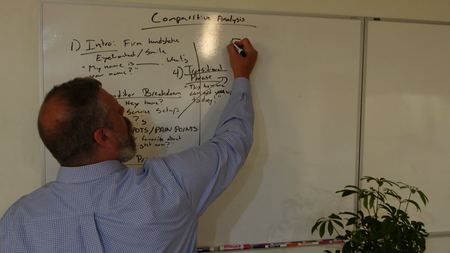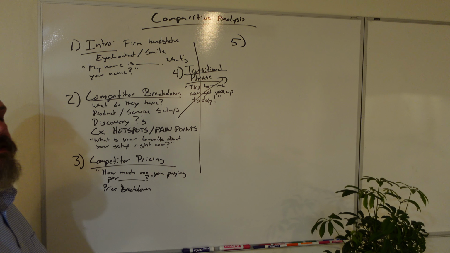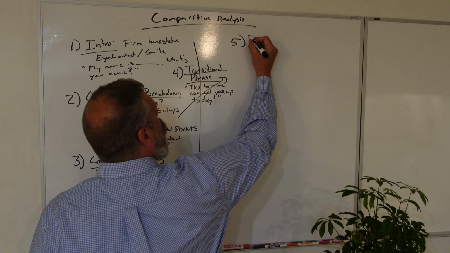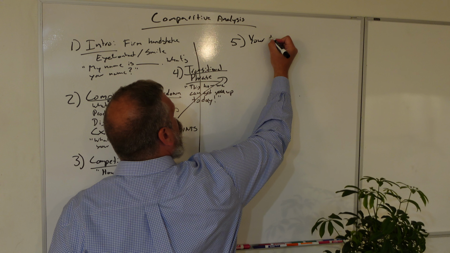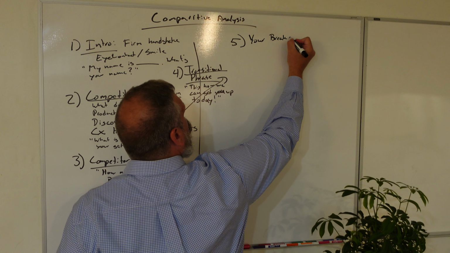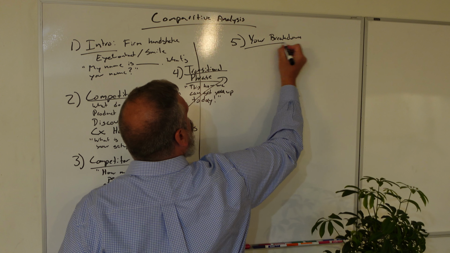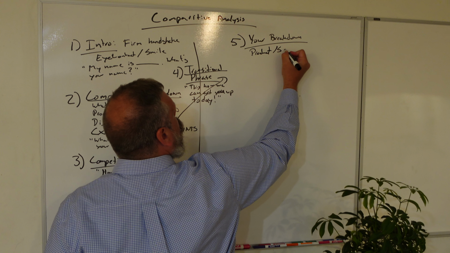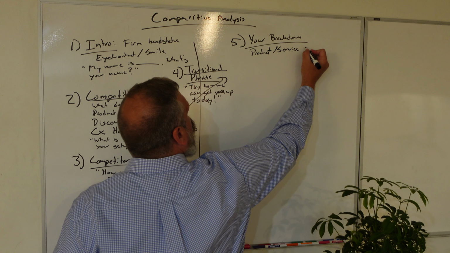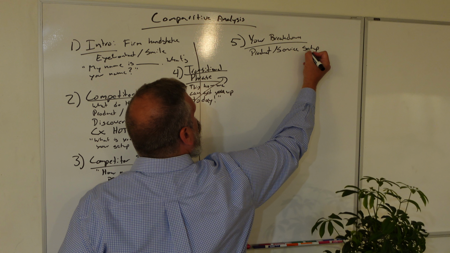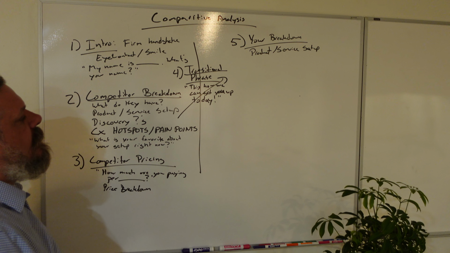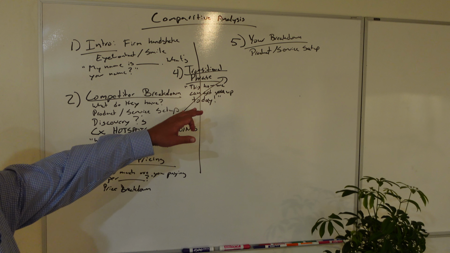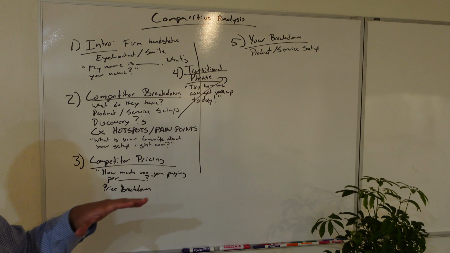Number 5, this is your breakdown, your setup, right? This is your product or service setup. Differentiate yourself. This is the part where you must differentiate yourself.